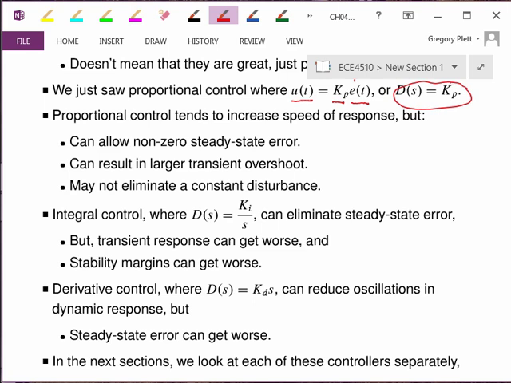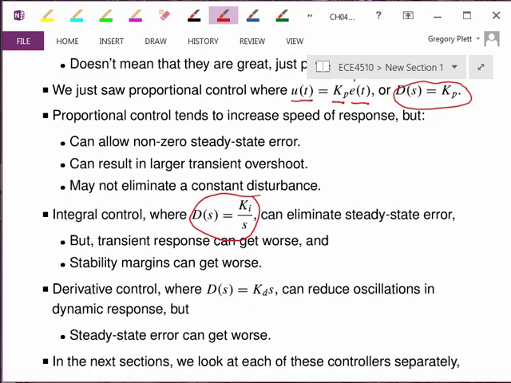I can add another term to my controller. I can say let my controller instead be some constant divided by s. And remember that 1 over s is an integrator. So the output of my controller integrates the error.